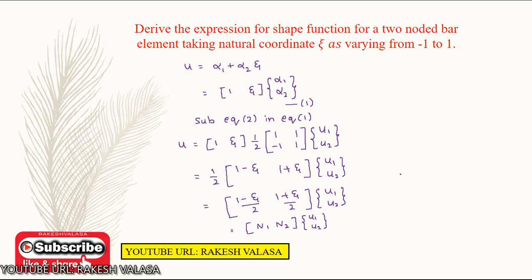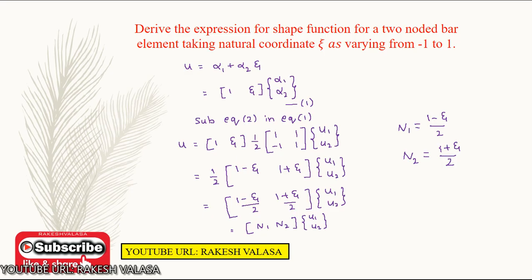Here N1 means shape function at node 1, that is 1 minus zeta by 2. Shape function at node 2, N2 equal to 1 plus zeta by 2. This is the expression for shape function for a two noded bar element. At node 1, N1 equal to 1 minus zeta by 2, at node 2, N2 equal to 1 plus zeta by 2.